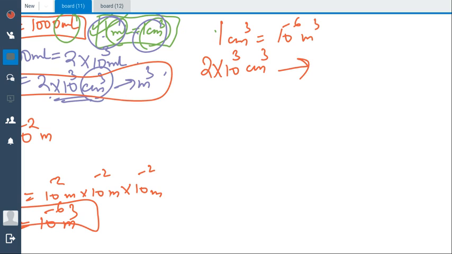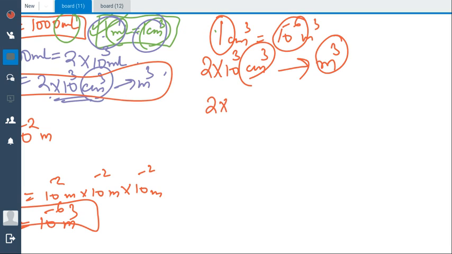We need to convert it to meter cube. If 1 centimeter cube equals this, then 2 into 10 raised to 3 centimeter cube would be equal to 2 into 10 raised to 3 into 10 raised to minus 6 meter cube.